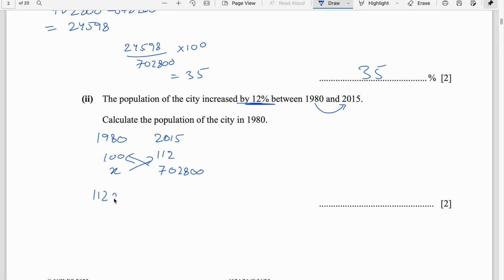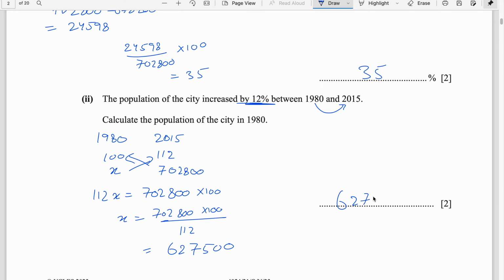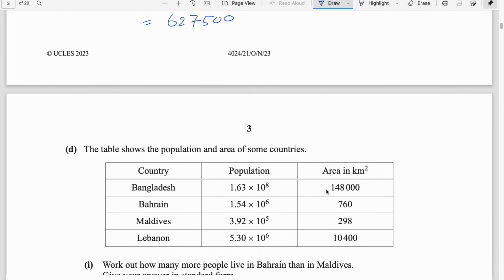So 112x is equal to 702,800 times 100. x is equal to 702,800 times 100 divided by 112, and we are left with 627,500 people in 1980.